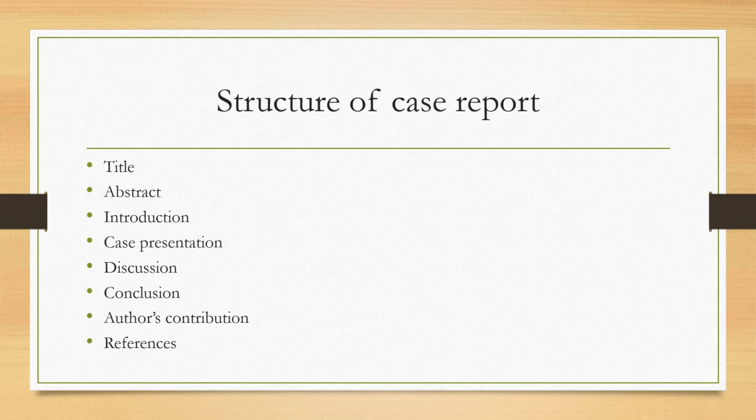It is followed by the conclusion, then the authors' contribution is usually expected, and finally the references. So make sure you follow this order, or whatever order the journal wants.